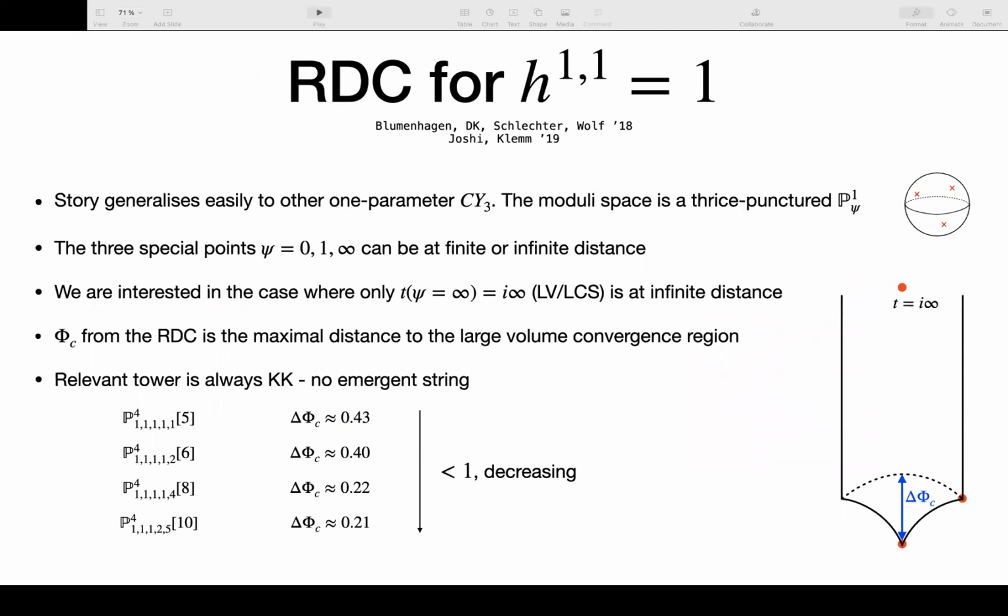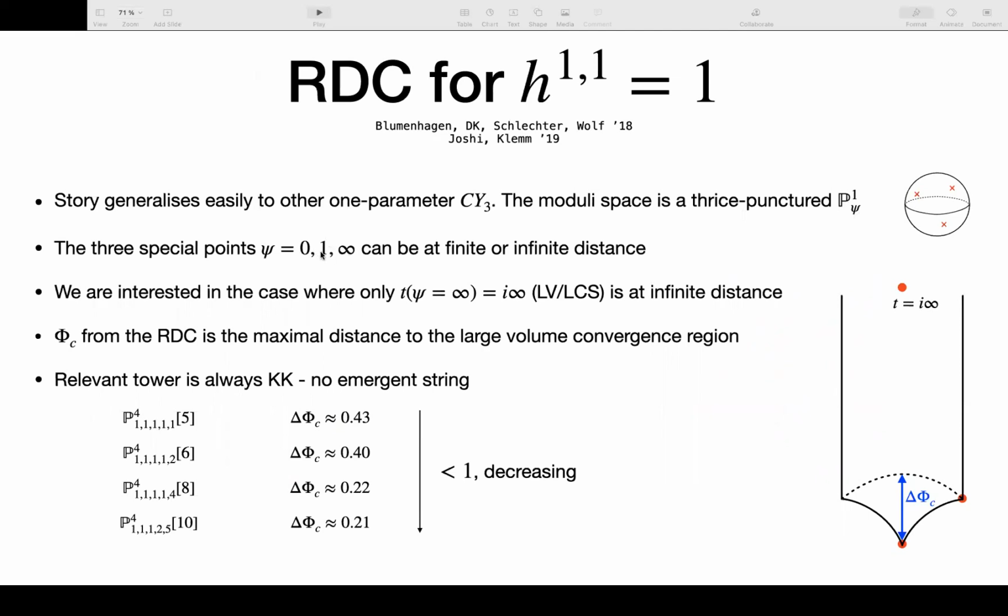And the story generalizes quite straightforwardly also to other examples with h^{1,1} equals 1. And in each case, the moduli space is a thrice-punctured P1, parameterized by this psi. We have three special points. One is the large complex structure point, which is at infinite distance.